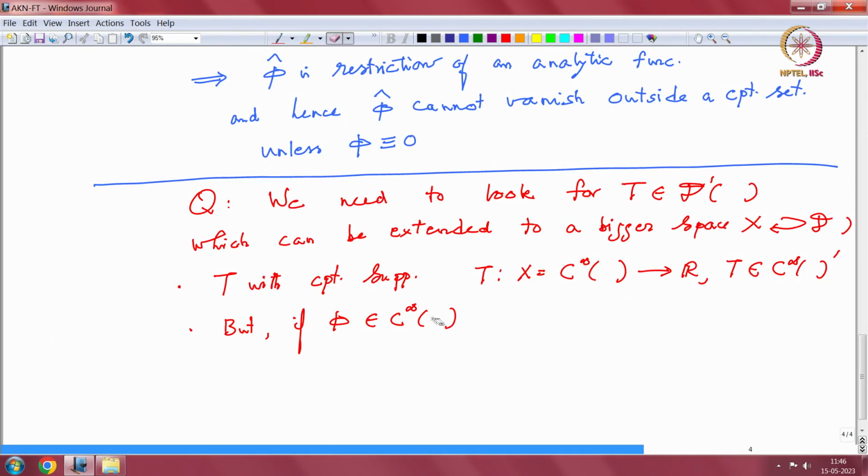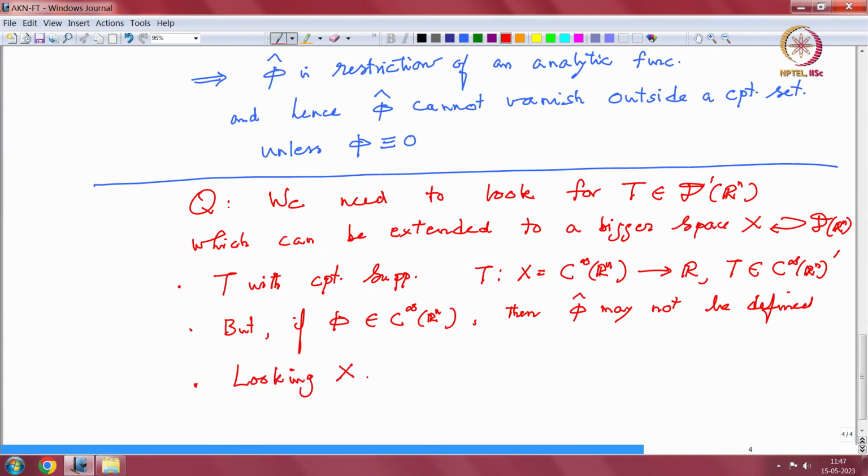I told you already that D prime of Rn, Fourier transform theory, right? Omega is Rn, I can define that way. Then phi hat may not be defined.